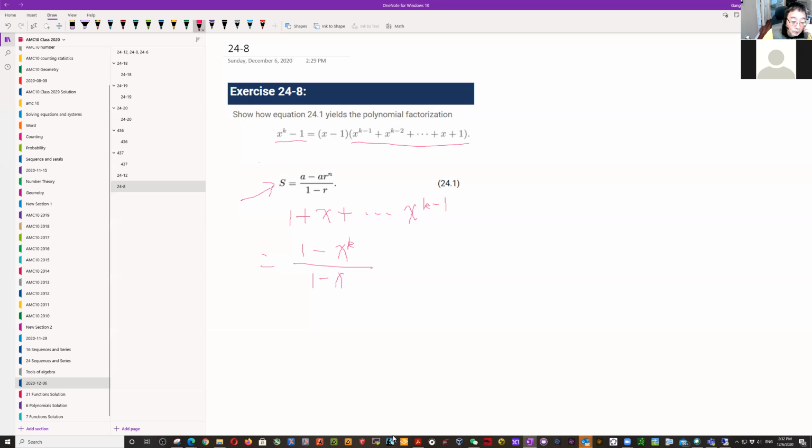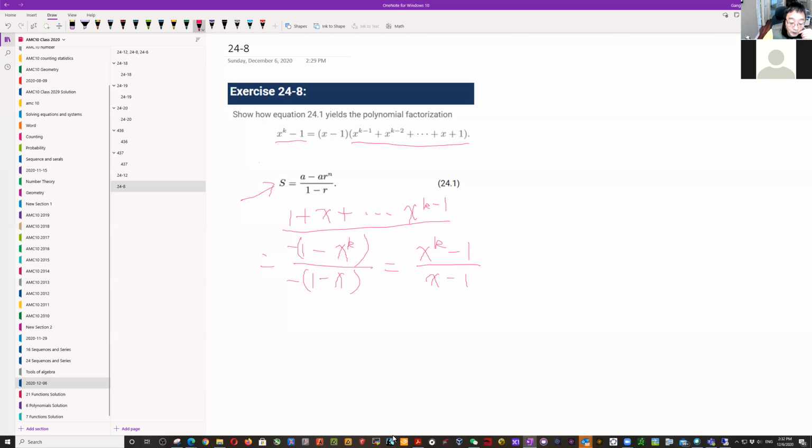Then we multiply by -1 in both numerator and denominator, and we will get x to the k minus 1 divided by x minus 1. So this is equal to this.